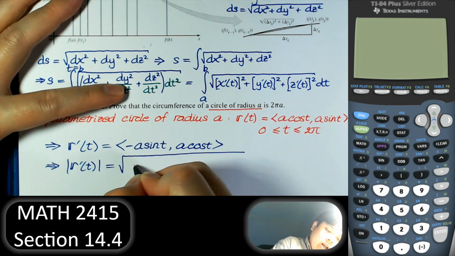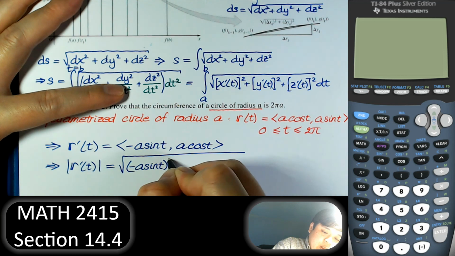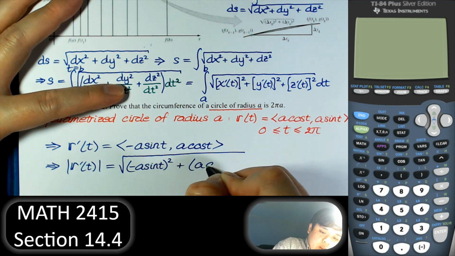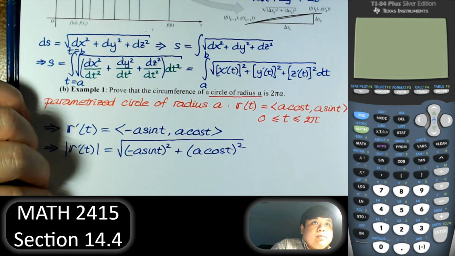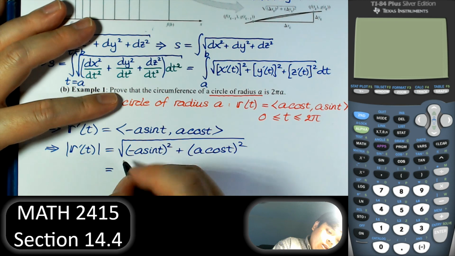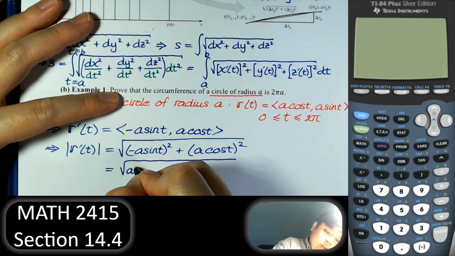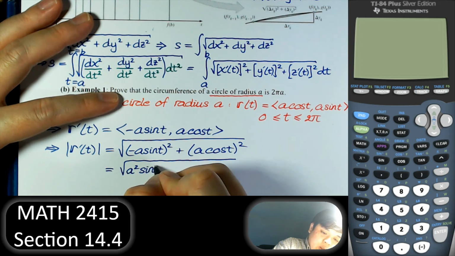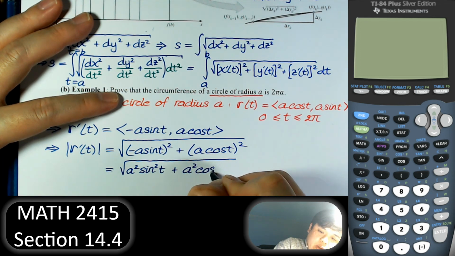So that's one square, that's one square. So that gives us sine square and cosine square.